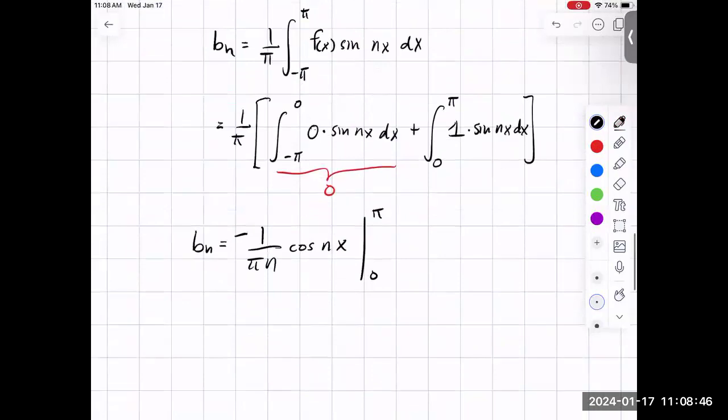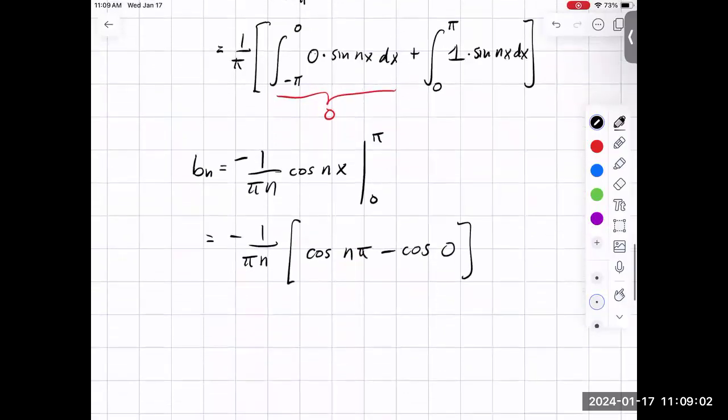Okay. So this is minus 1 over n times pi, and then it's cos of n pi minus cos of 0. Cos of 0 is 1, so this is going to be a 1.